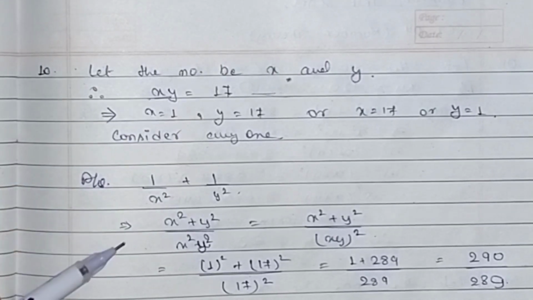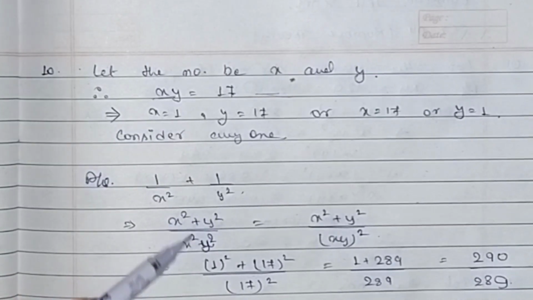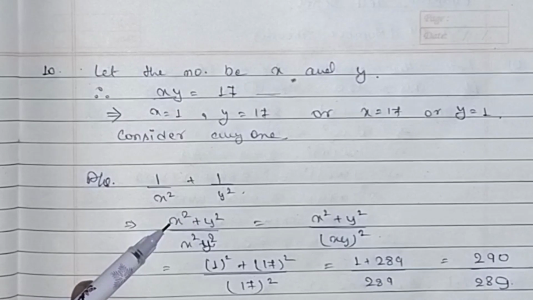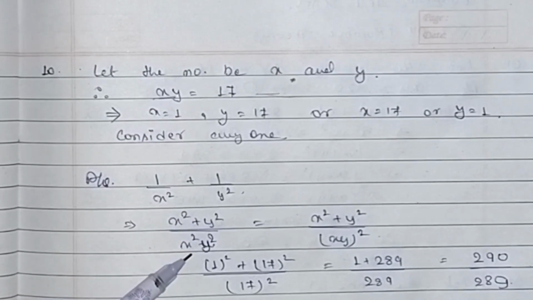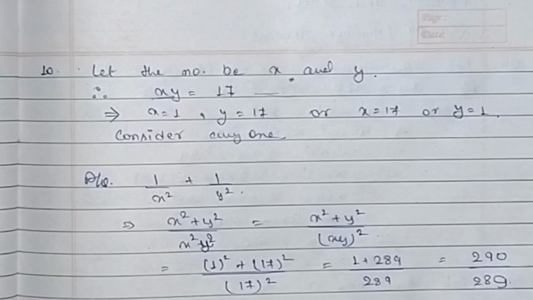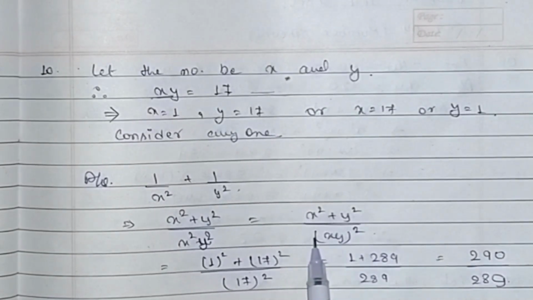We have made that equation and solved it further. After taking the LCM of x square and y square, we have x square plus y square in the numerator and x square multiplied by y square as the denominator. So we have x square plus y square in the numerator, and in the denominator we have x multiplied by y, the whole square, or whole power 2.